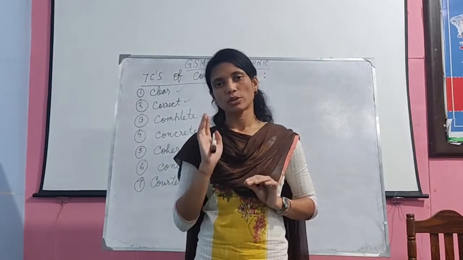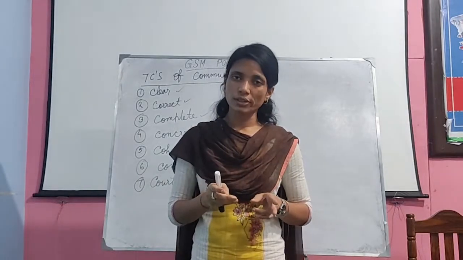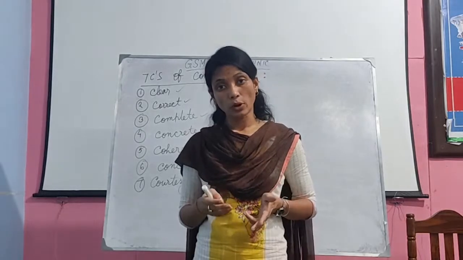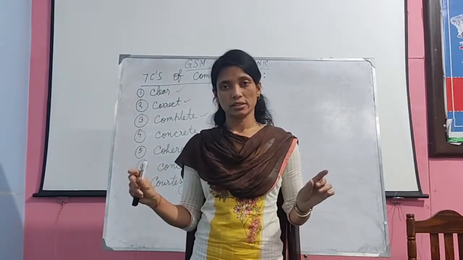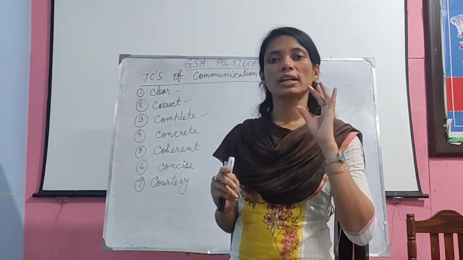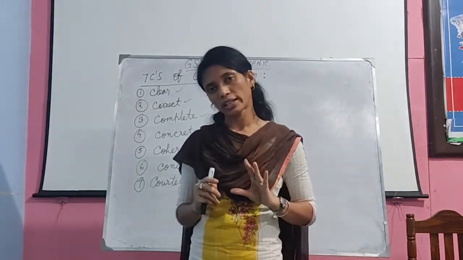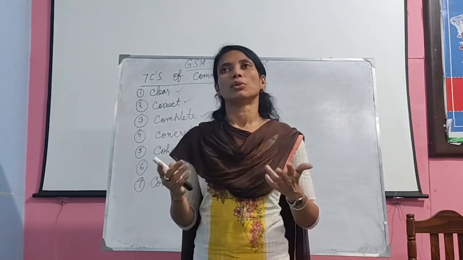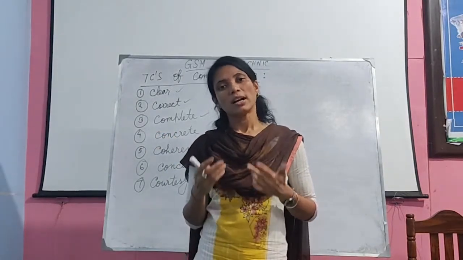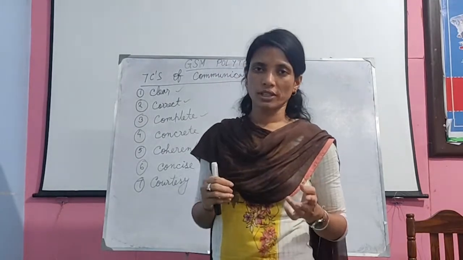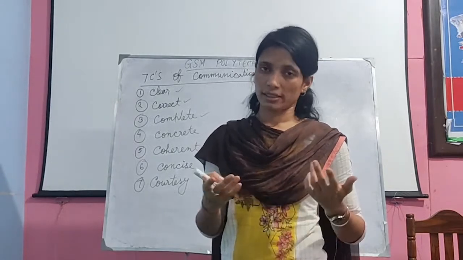Whatever you are going to tell, whatever you are reporting, whatever you are informing, that should be complete. Like, I will go to the school in the morning. So this is a complete one. If you say, I will go, that is also a sentence, but the questions remain: where are you going? When are you going? Like this.